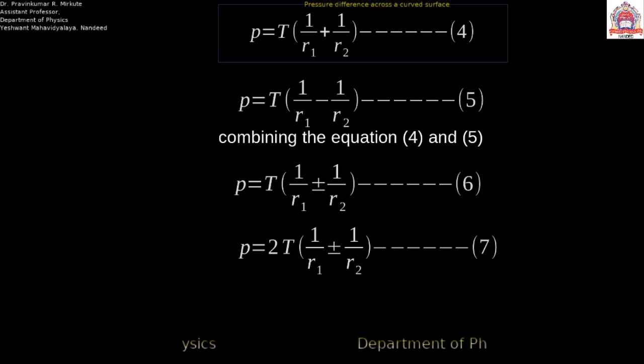An example of such a surface is that of a soap film supported between two parallel rings, and the ends of the film are brushed so that P is equal to 0. So this is the expression for excess pressure on a curved surface with its cases.